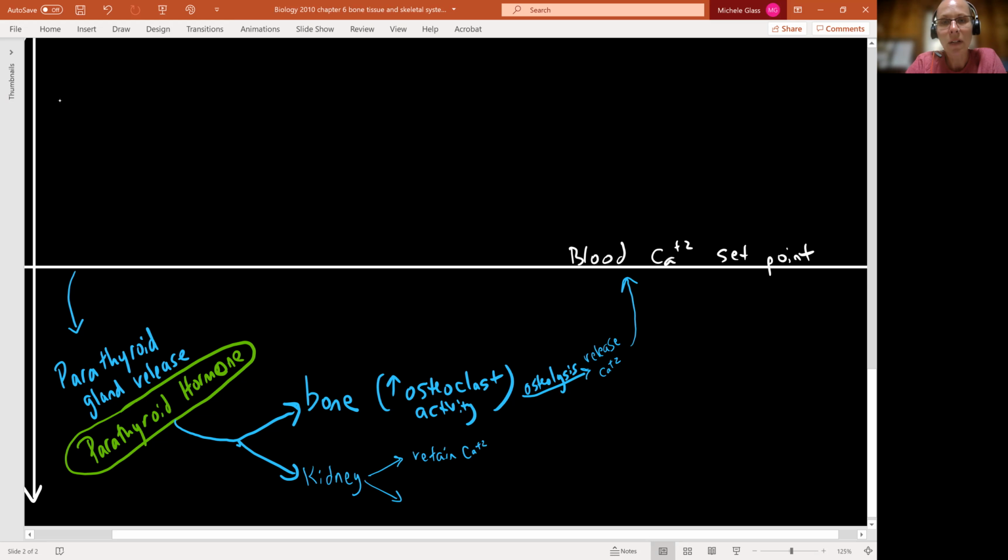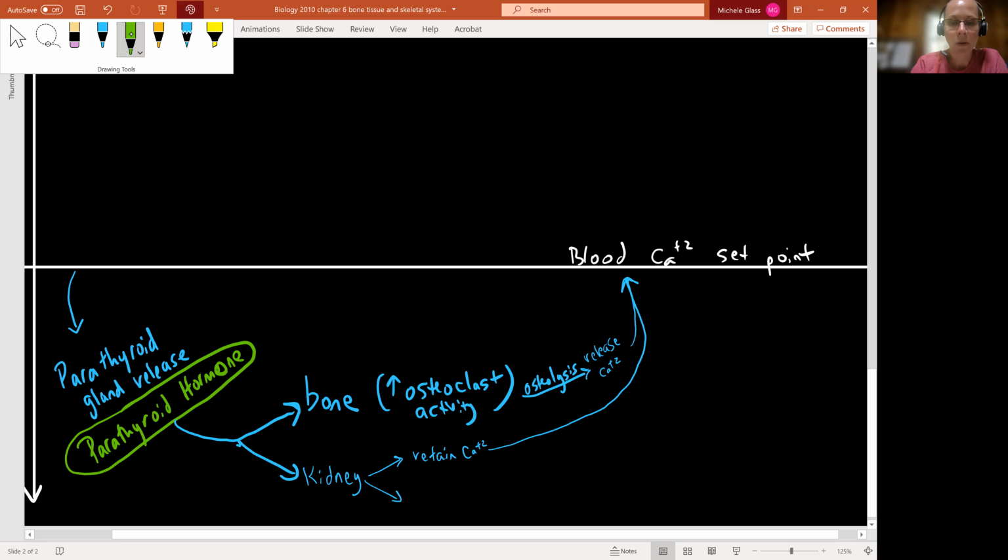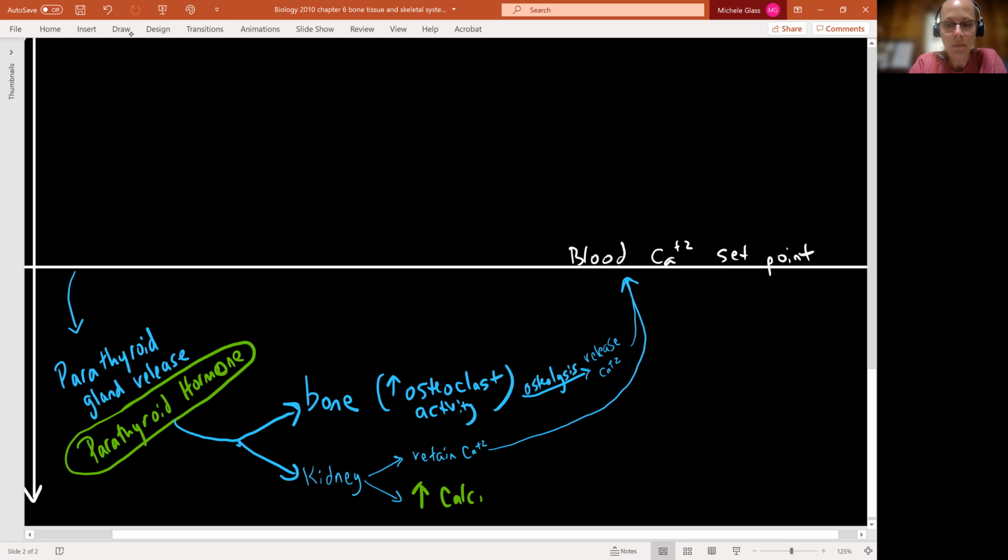Meaning, instead of allowing the calcium to leave the body with the urine, it's going to be put back into the blood supply. So if you retain calcium, you're increasing your blood calcium levels. The other thing that we see happening here is that the release of the parathyroid hormone tells the kidney to increase the release of calcitriol.